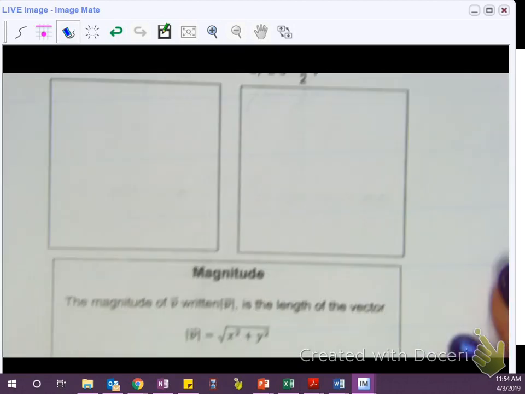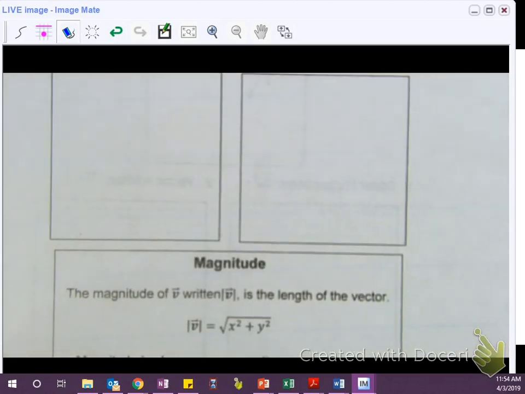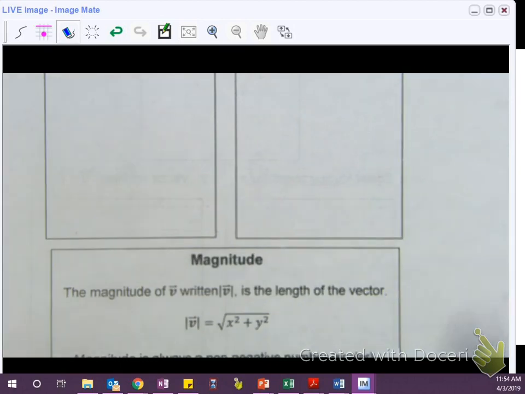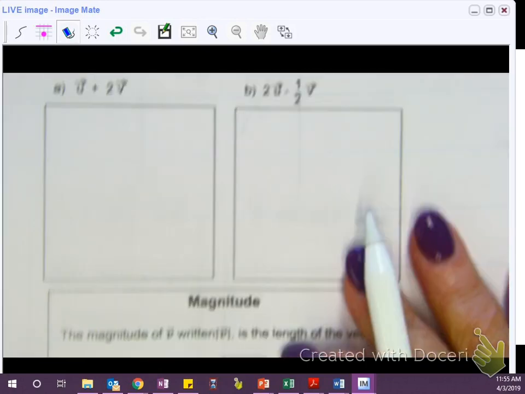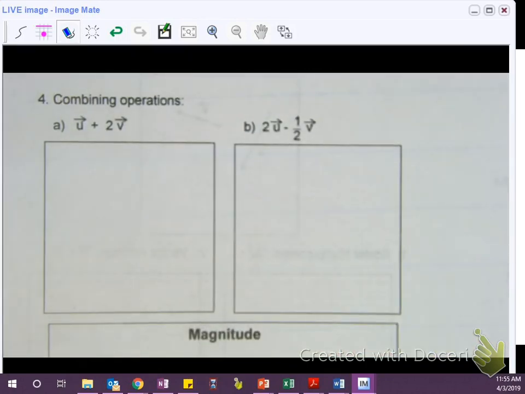So now we're going to combine operations. The grids didn't print very well, so we're just going to have to wing it on that.